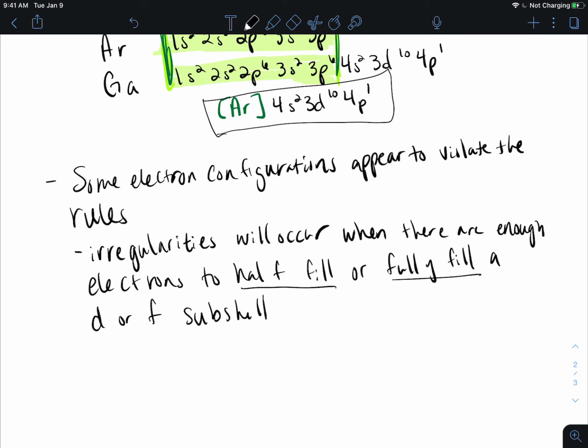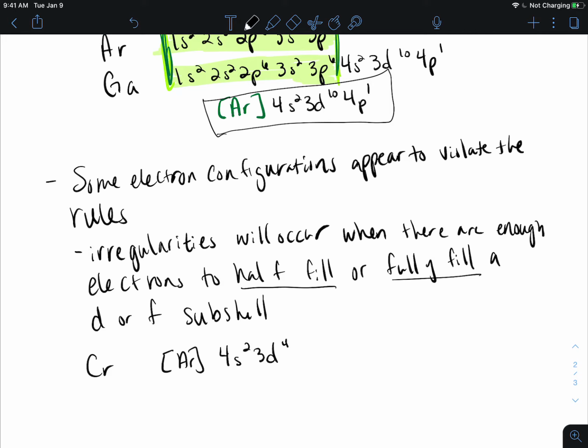So if we think about something like chromium, we would expect chromium to be [Ar] 4s2 3d4.